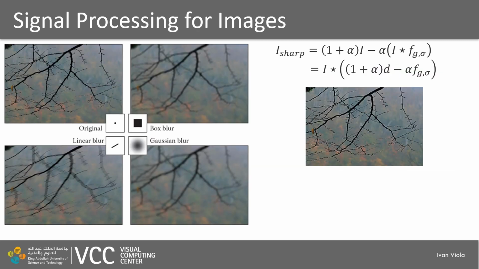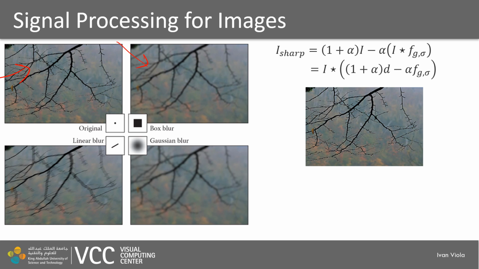We can see here various applications of filtering operations. Here you can see, for example, in the top left, an application of the identity filter, which just doesn't change the image at all. We can see some box blurring filter, so an averaging with uniform, constant values in the filter, which results in a quite blurry representation.